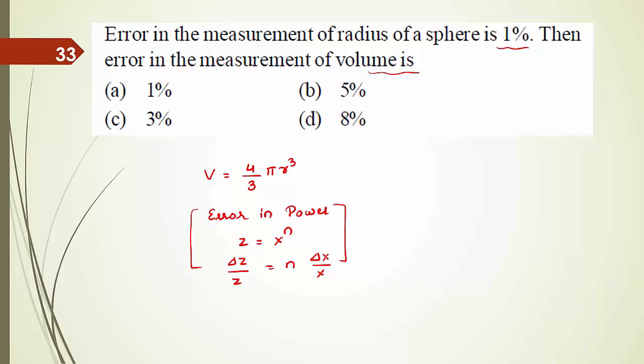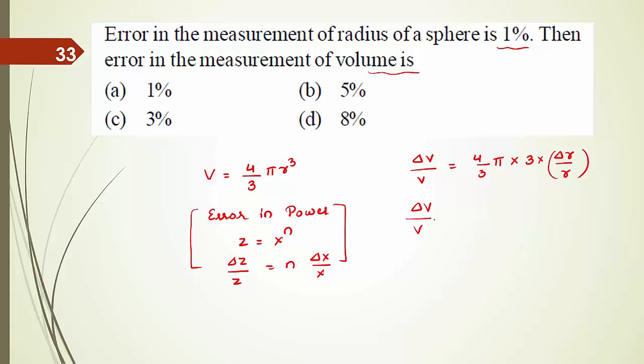The given equation is V equals 4 by 3 pi r cube. Error in volume means we can write delta V over V. R cube is of the form x raised to n, so I am going to write 3 into delta r over r. Is it clear? This is error in power.